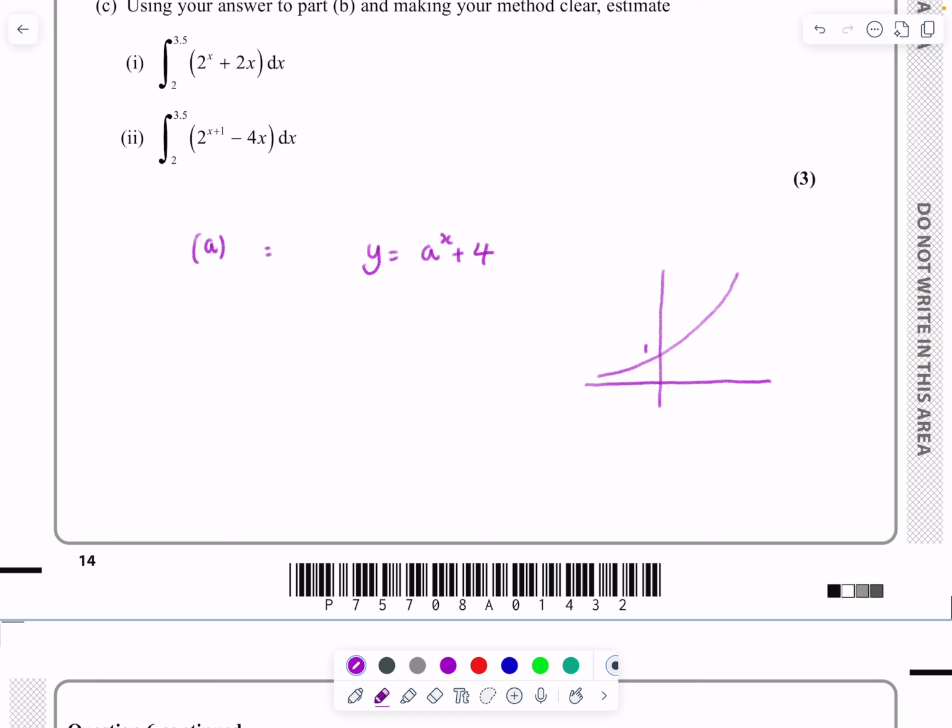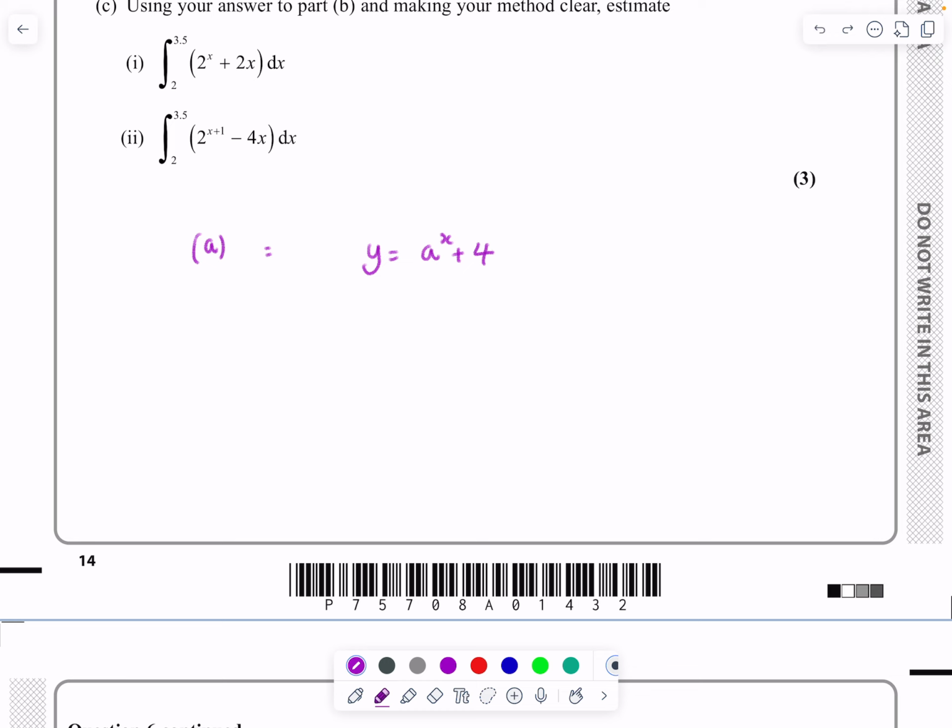And then when we do the plus 4, all that's going to mean is this graph is going to move up by 4 units. But what we'll need to know is what happens to that, and also what happens to this asymptote down here. So let's take a little bit more time over that now then, and show our working out for the examiner.